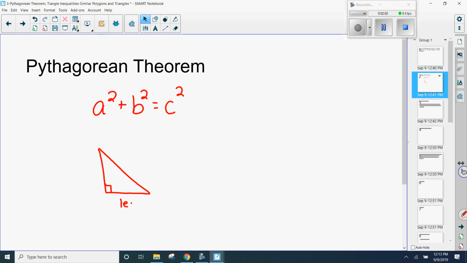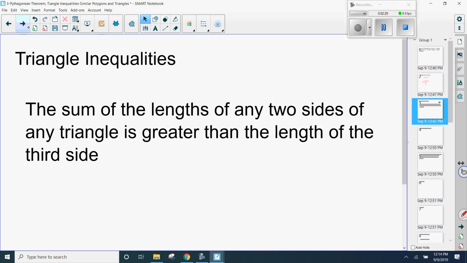So we know that this is a leg and this is a leg. And the third side opposite of that right angle is the hypotenuse. So A and B are both legs. Doesn't matter which one. A does not have to be the base and B the height. It's whichever way you write it down. And C is always the hypotenuse or the longest side. All right, we were good with the Pythagorean theorem.